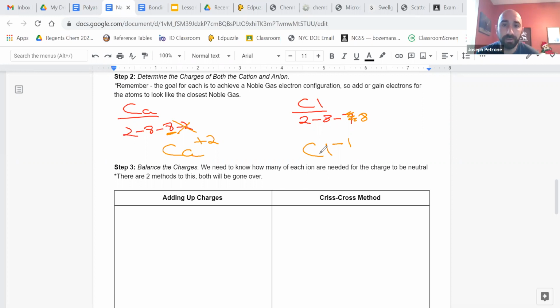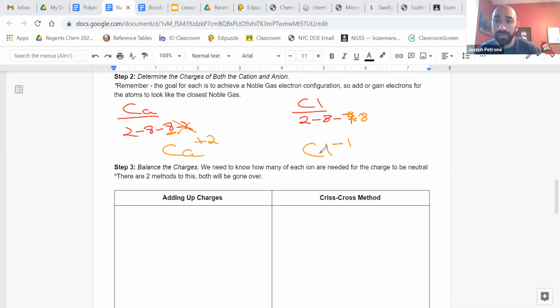Okay, so we know the charges. Now, third step, we need to balance them. So essentially, we need to know how many of each ion are required for this charge to be neutral. So in this ionic crystal, we need to know the ratio of calcium ions to chloride ions.